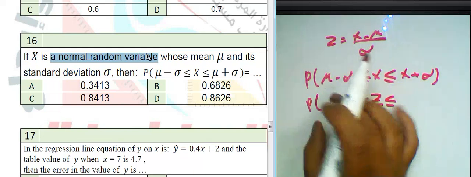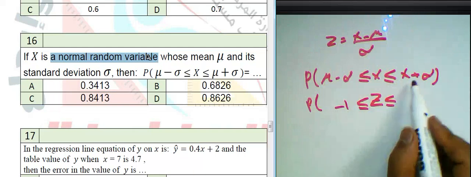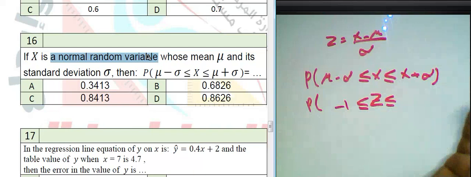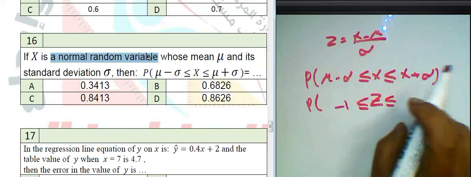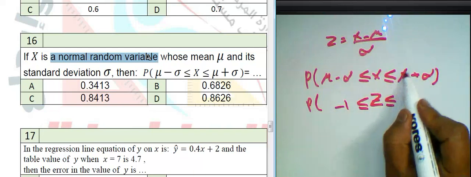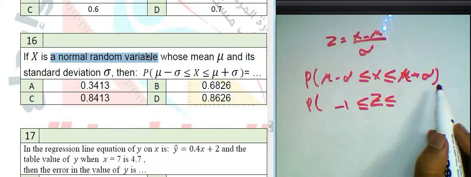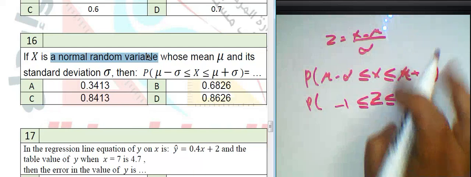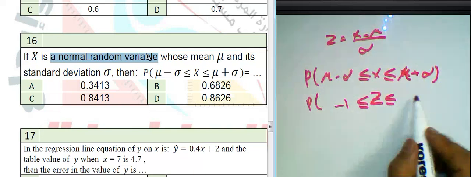All subtract mu divided by sigma, it will be -1. And here subtract mu and divide by sigma. He gives us mu, sorry, mu plus sigma. We can cancel it from it. Mu will be 0, and sigma divided by sigma equals 1.